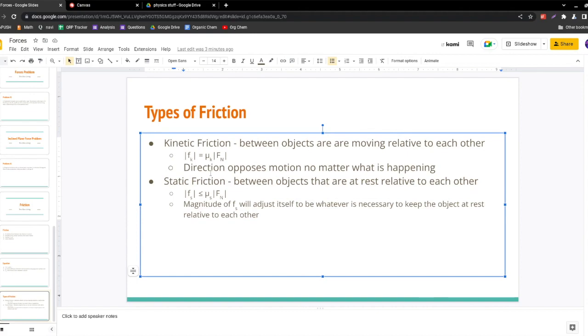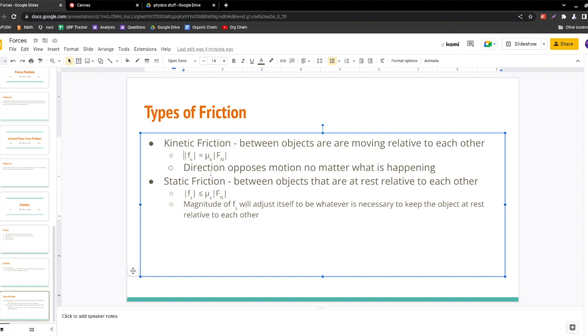So static friction is the friction between objects that are at rest relative to each other. So they aren't moving. And you're going to be like, wait, if they're not moving, then how do you produce friction? But think about it this way. When you're pushing an object, initially, before that object begins moving, you're going to have to put a little bit more force into it to break the static friction.